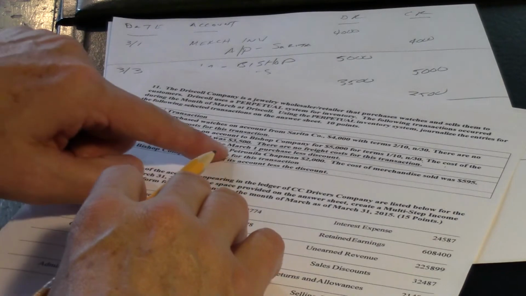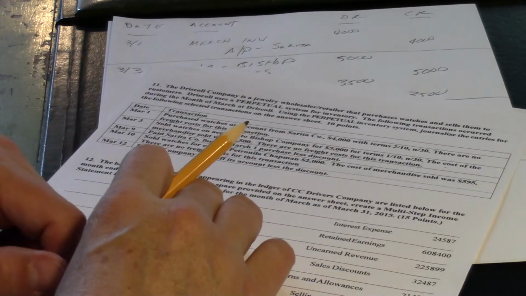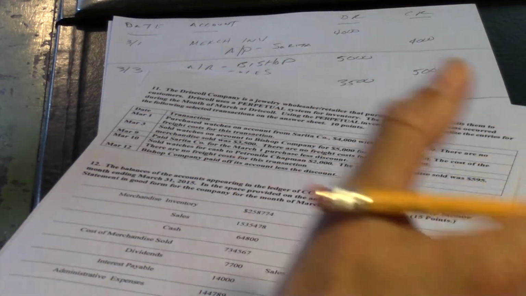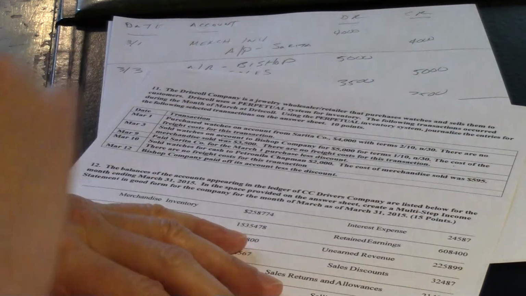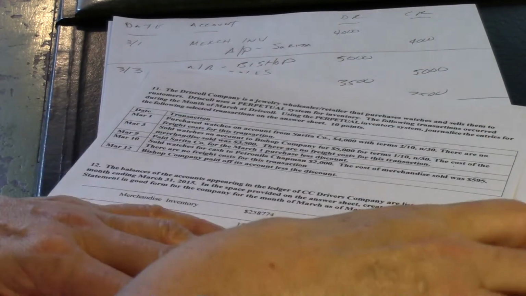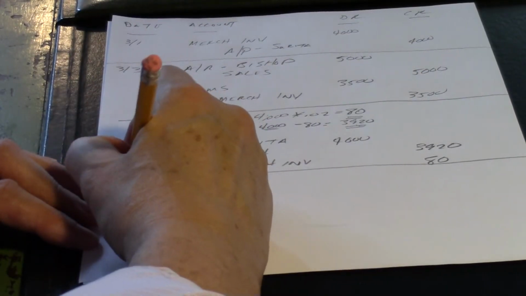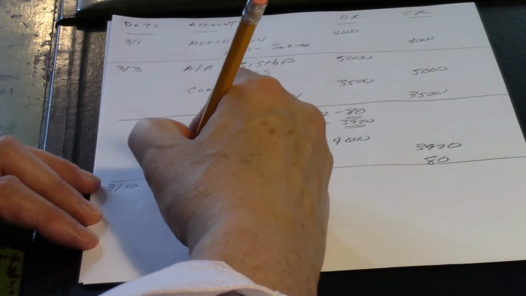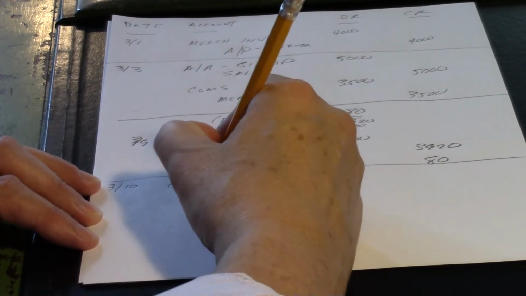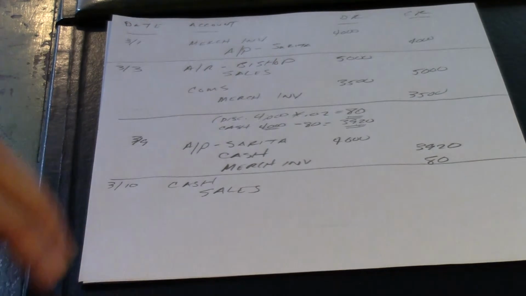Next, sold watches for cash to Petronilla Chapman, $2,000. So cash, no account receivable. Cost of merchandise sold was $5.95. No freight costs. Okay, that shouldn't be too difficult. Nothing to really calculate. We get cash. And of course we had a sale. That's how we got that cash.